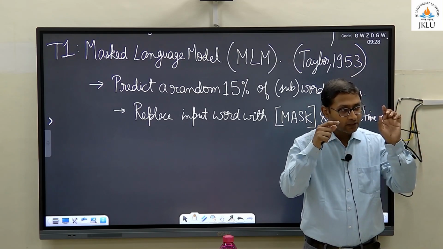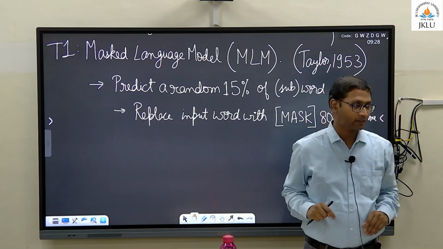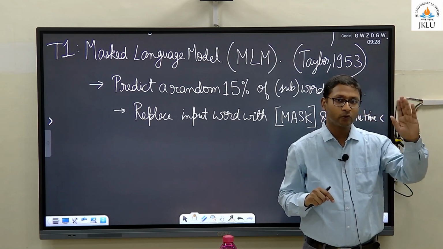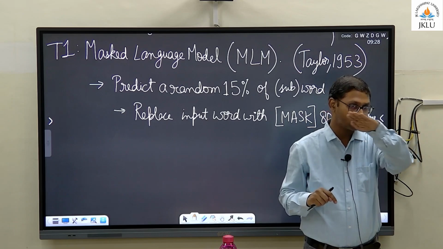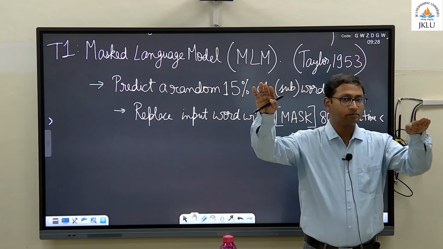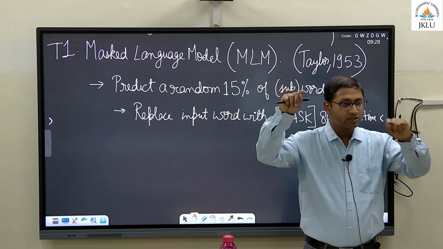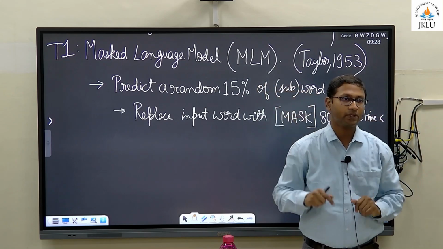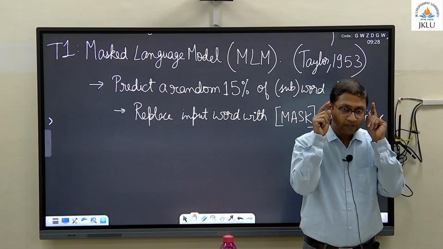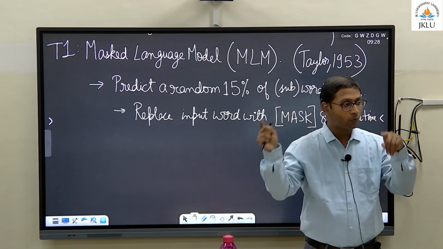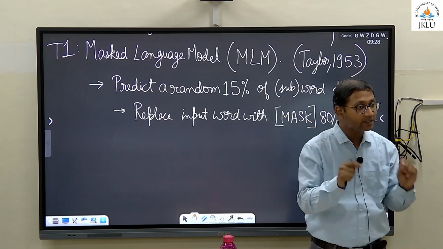Now let's say you mask this word coffee here. So, I am going to have a cup of mask today. The model is supposed to guess what should come here.